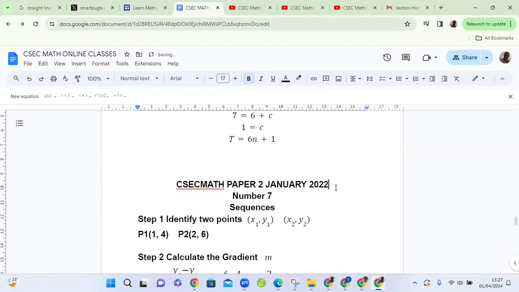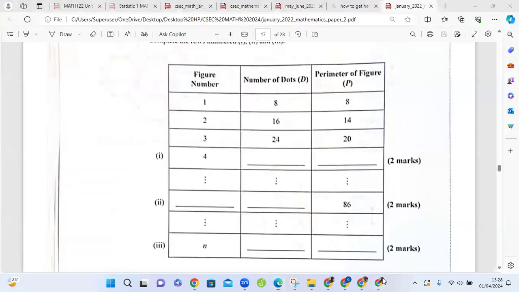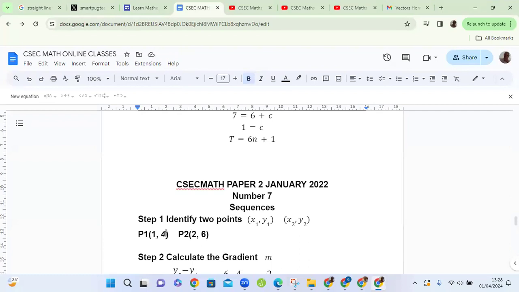January 2022, sequences. What we said? We said 1 and 8, 2 and 16.